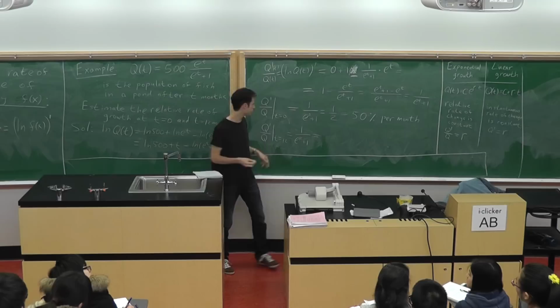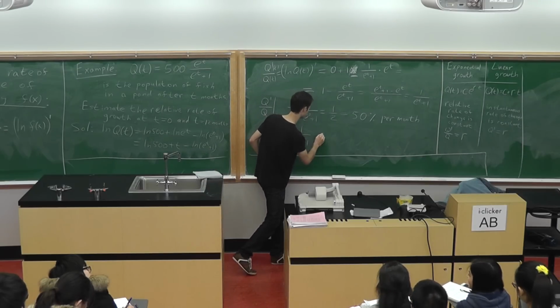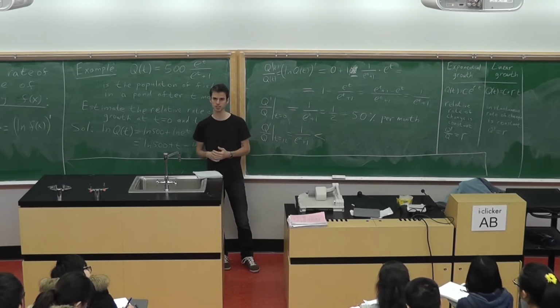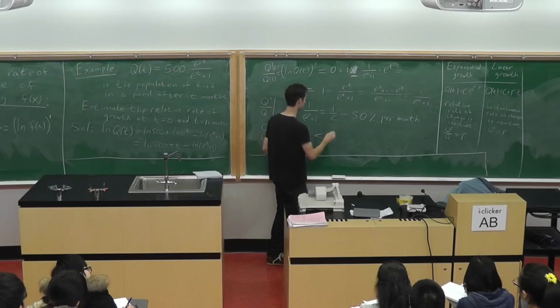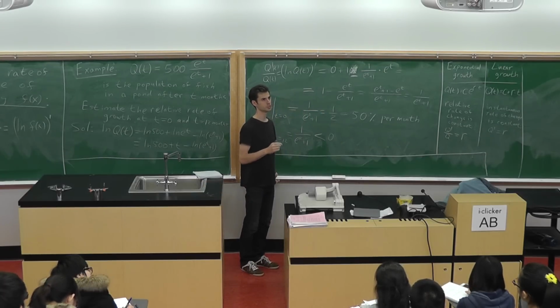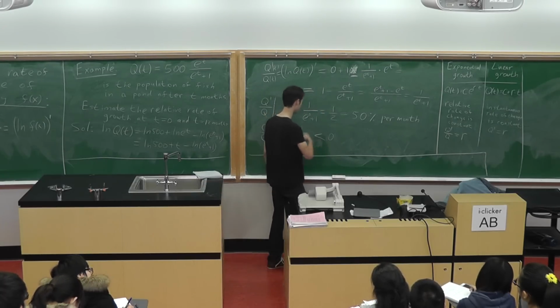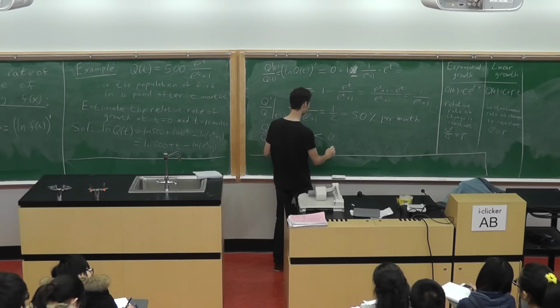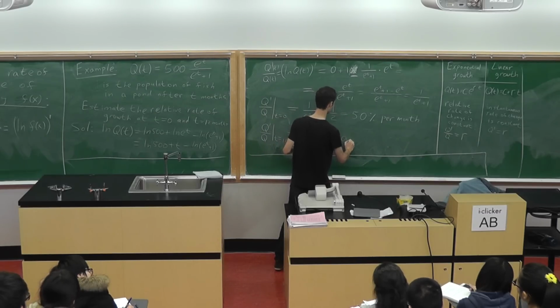So this number is smaller than 1 over 1000, which is 0.001, and this one is at least 5 times smaller, so 0.0002.